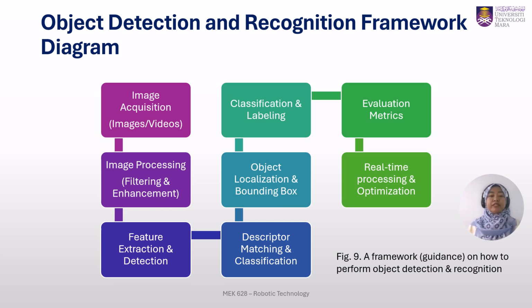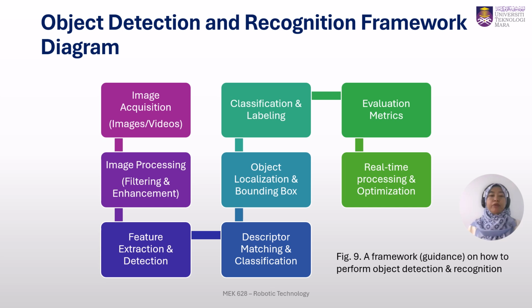Then it will detect the features, for example, the shape or the colors or the gender of the person in that image. And then it will use these features as a descriptor to match and classify the objects in the image with the data that has been filled up in the database.